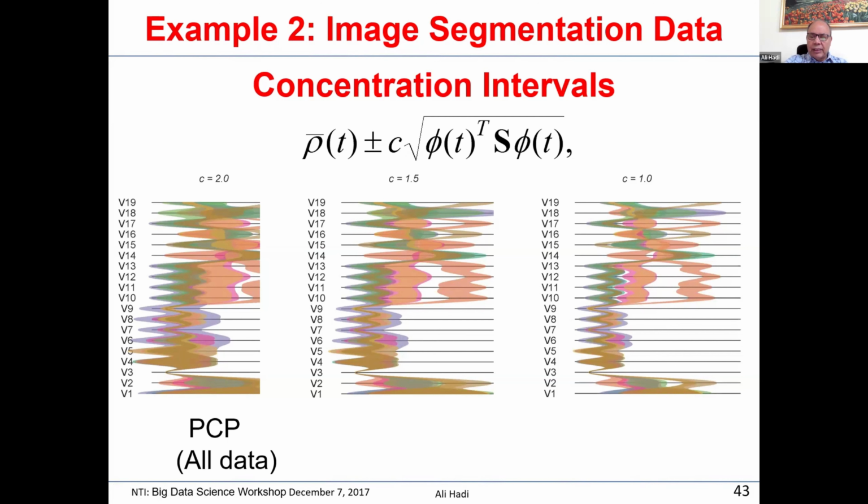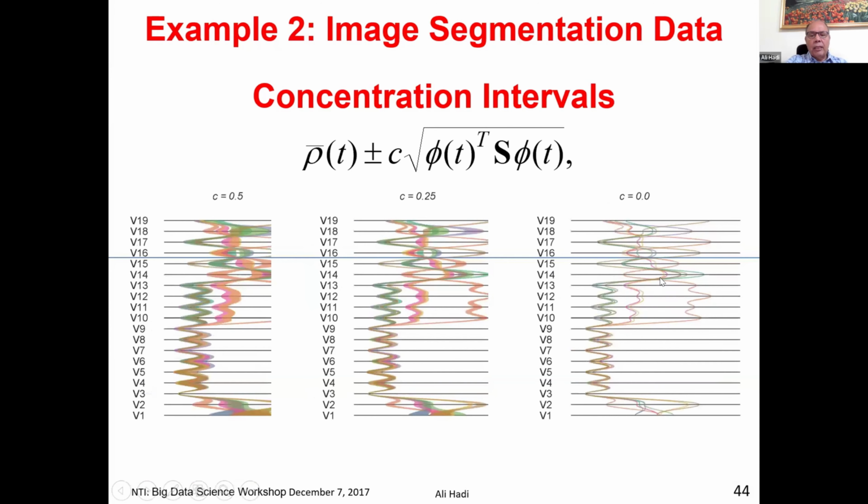So here, for example, in this graph to the right, you can see that this class is very widely separated from this class, but this class is separated from this class, though not as widely as this one here. If you decrease c further, you can actually see the 7 classes if you take only the centroid of the smooth function. Each class is represented by only one observation, which is the mean of the smooth function, and you can see the separation very clearly.